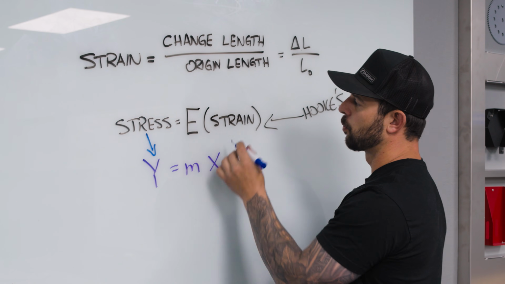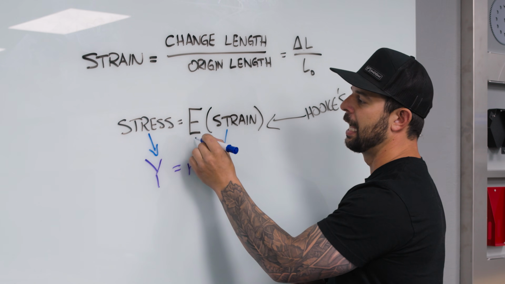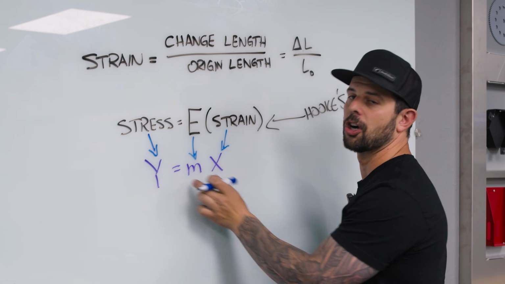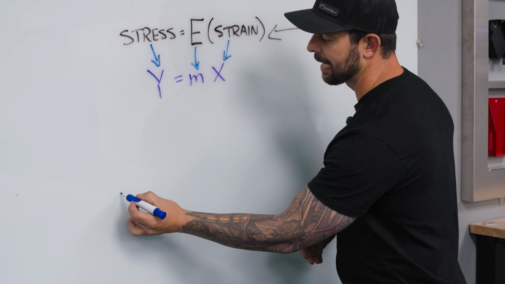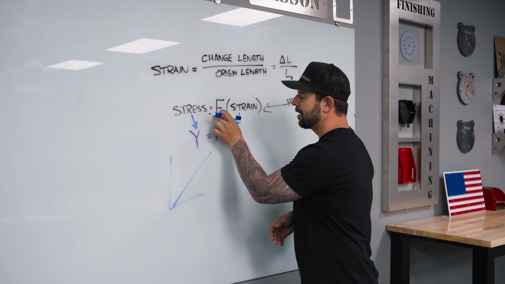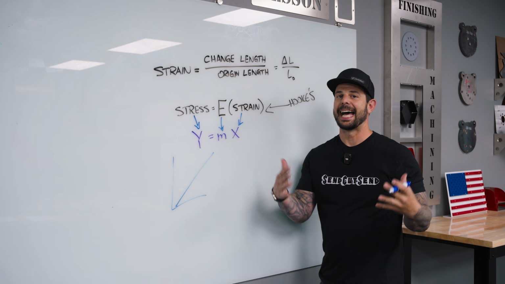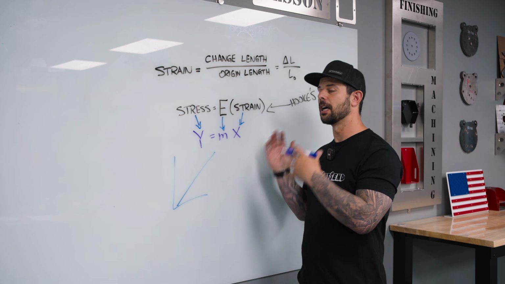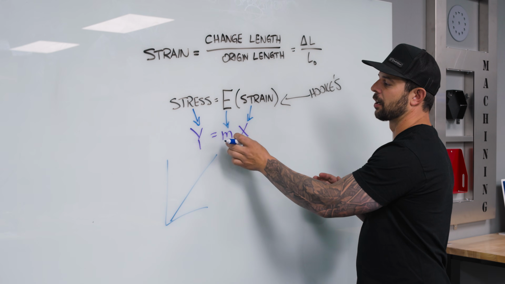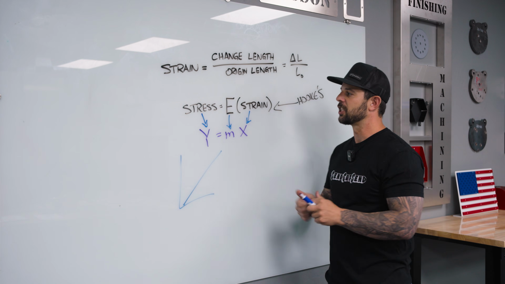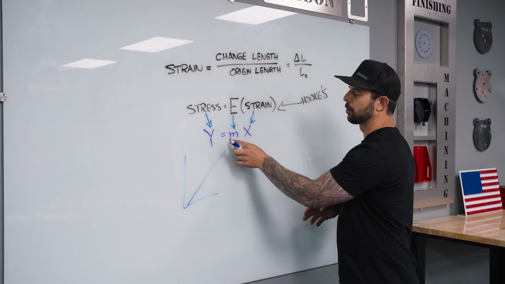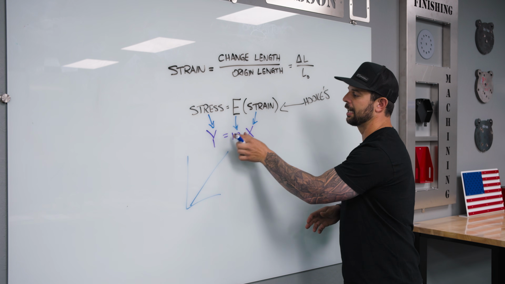Our stress becomes our y, our strain is our x, and this big E, which we're going to get to here in a second, becomes our slope of our equation, or that angle in which this line is going to be coming out. Now, E, or our slope, is called our elastic modulus, or Young's modulus as well. The way that we figure out this particular part of our equation is through physical testing. As we apply strain and we see how the stress reacts, we can then plug this in and plot it, and we get our slope.